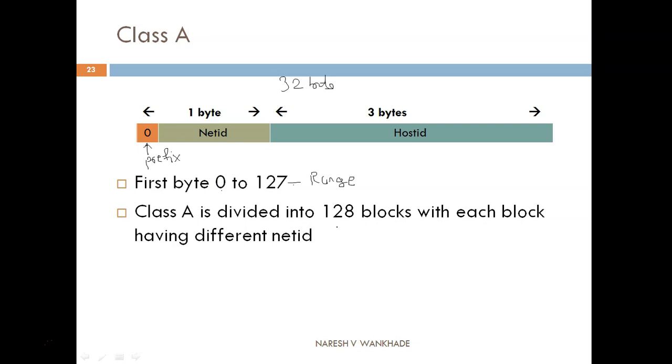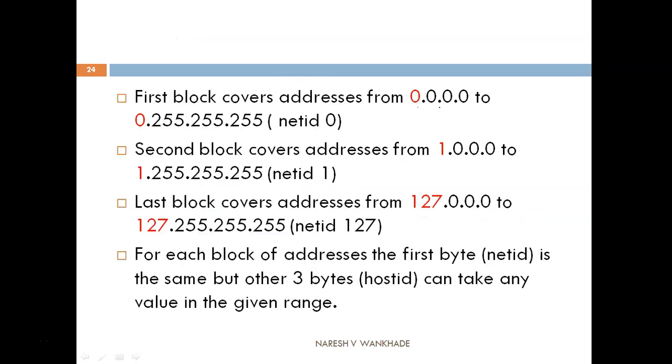This class A is divided into 128 blocks, and each block has a different network ID. The first block covers addresses from 0.0.0.0 to 0.255.255.255, when net ID is 0, means this first value is the minimum value and this value is the maximum value.